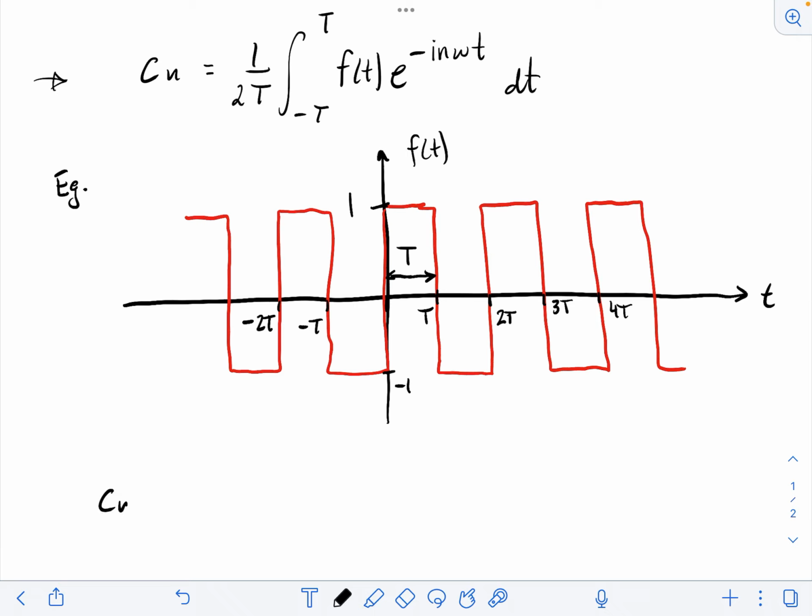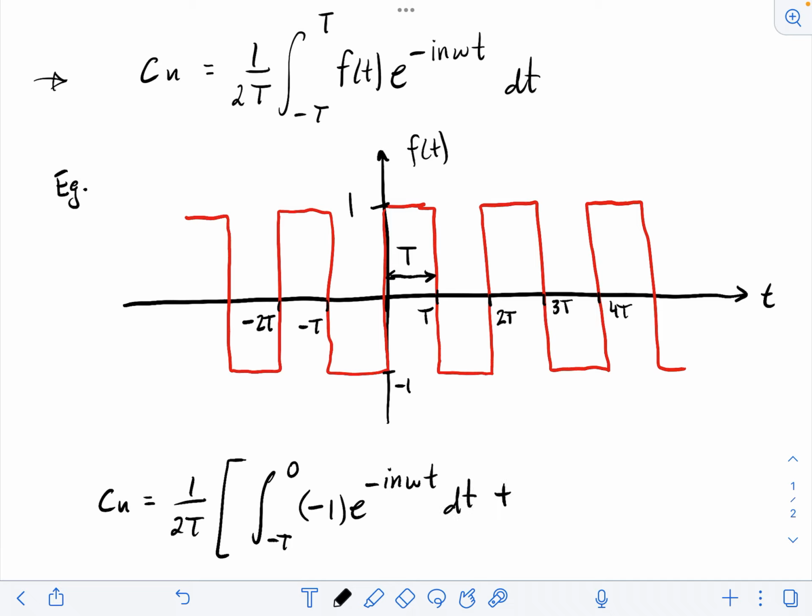So Cn is going to be 1 over 2T. And what we'll do is we'll split our integral into two pieces. We'll start with the minus T to 0 range. And we can see over that range our function f of t is just equal to minus 1. So f of t for this range of times is minus 1, and then we multiply by e to the minus i n omega t, integrate over time.